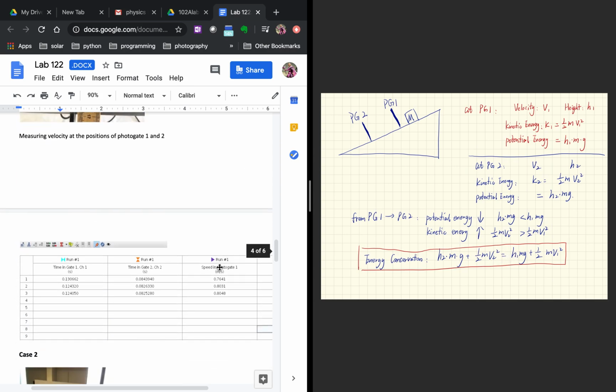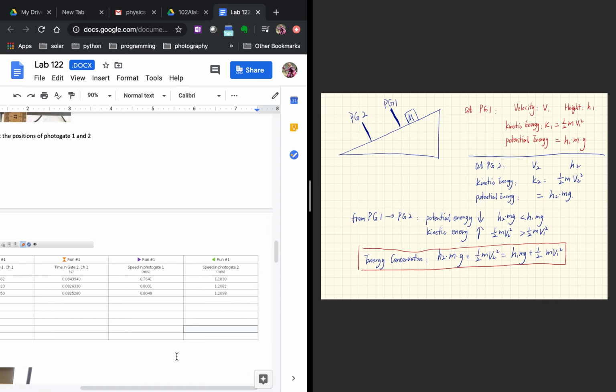And here is the data you need. We don't care about the time in gate 2 and gate 1. We only care about this column, which is V1, the speed in flow gate 1, and this column, which is V2. So basically you have three trials of data, so you can verify this equation 3 times.